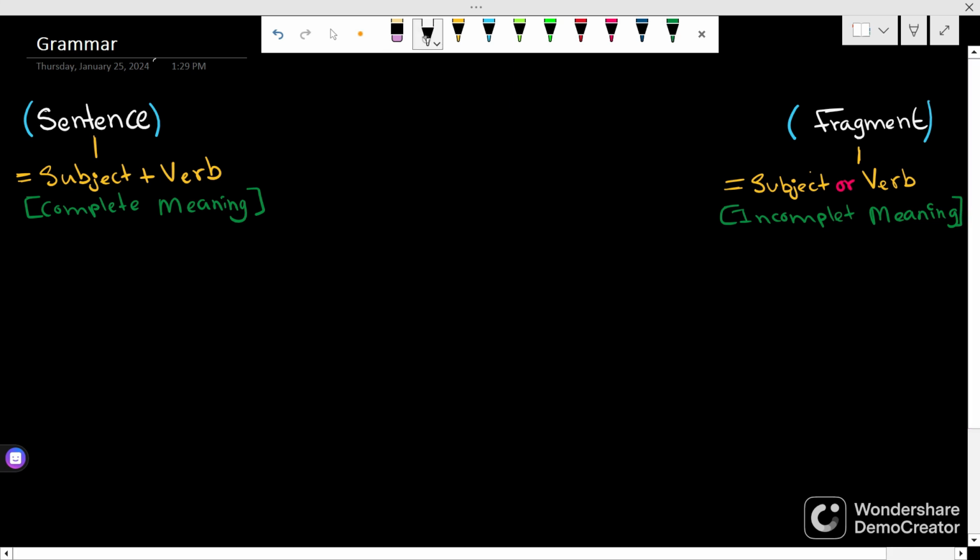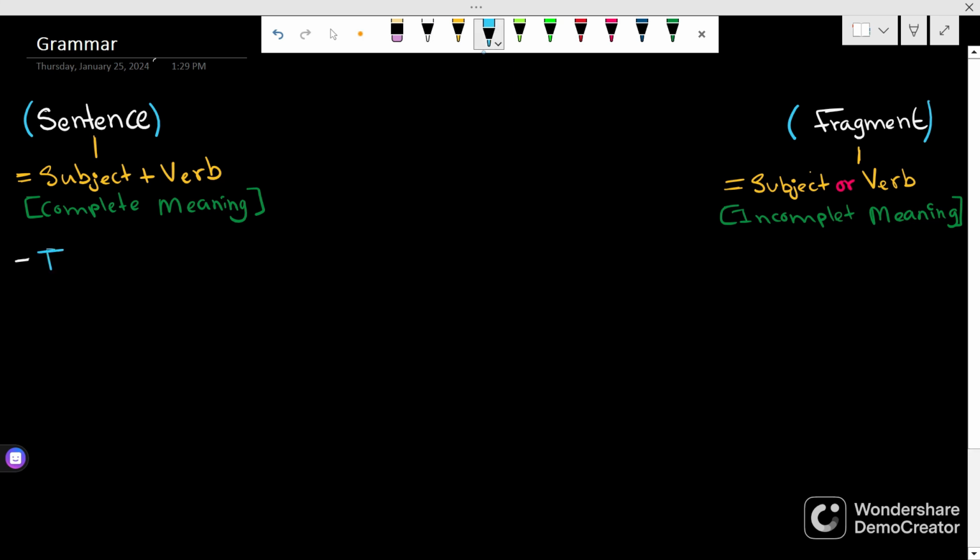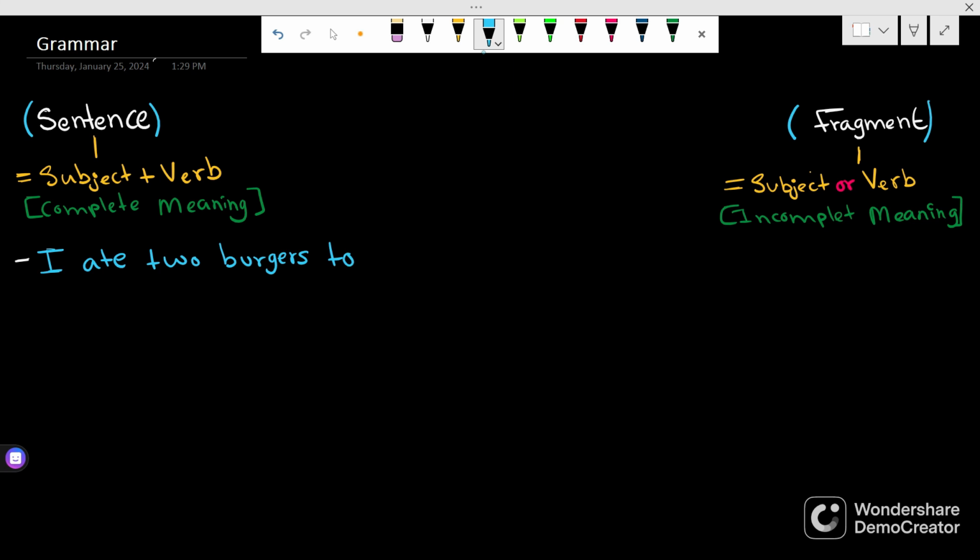Let's take some examples. For instance, I ate 2 burgers today. In this sentence, I is the subject because I is the one that is performing the action, and the action is ate.